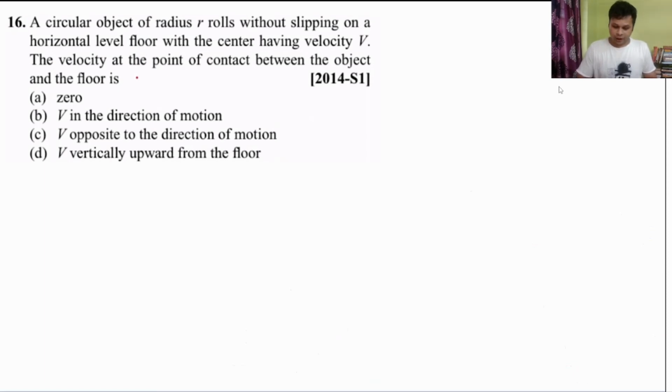A circular object of radius r rolls without slipping on a horizontal level floor with its center having velocity v. The velocity at the point of contact between the object and the floor is?